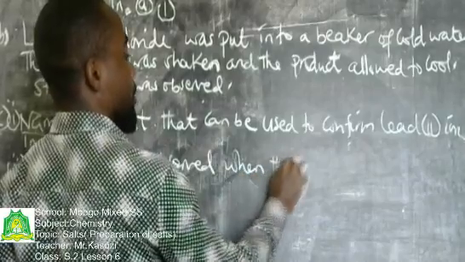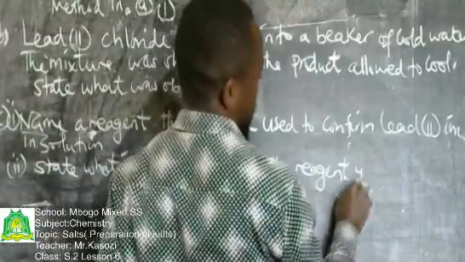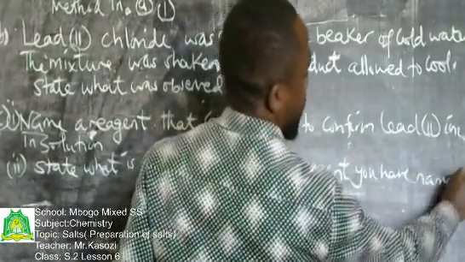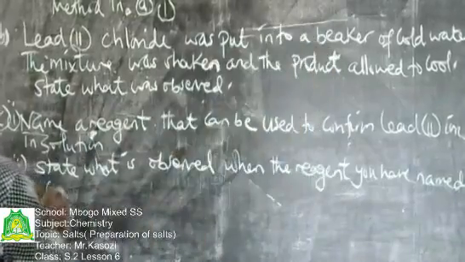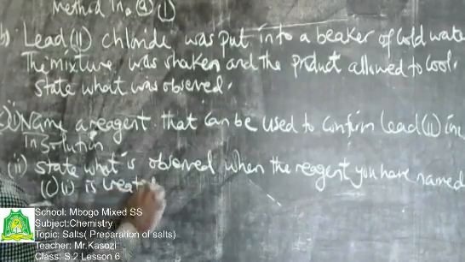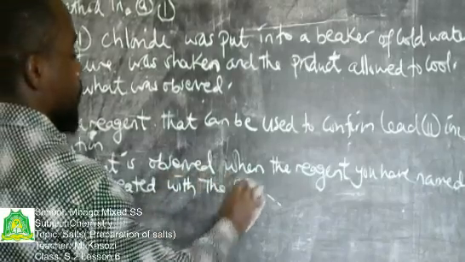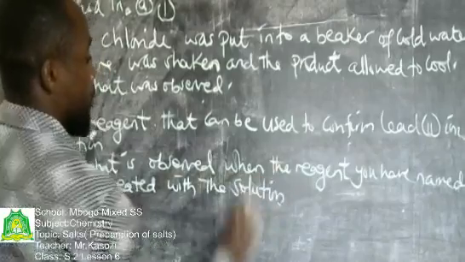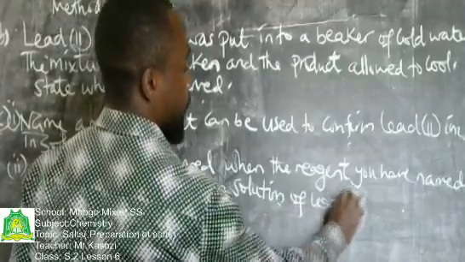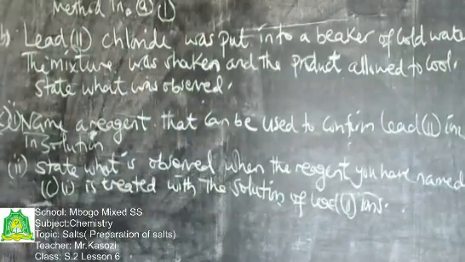When the reagent you have named in C1 is treated with the solution of Ld2 ions, Roman 3.